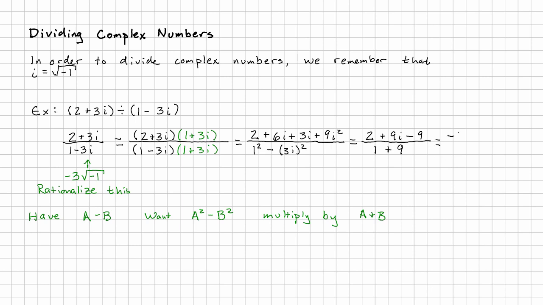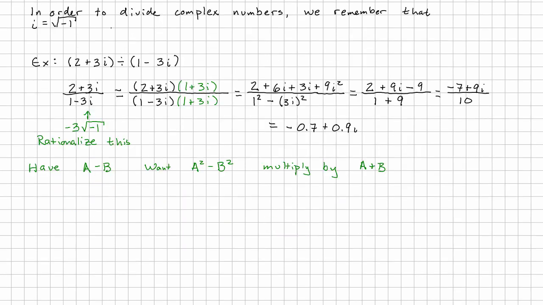So we have -7 plus 9i all over 10, which, if we just distribute that division by 10 now, we get -0.7 plus 0.9i.